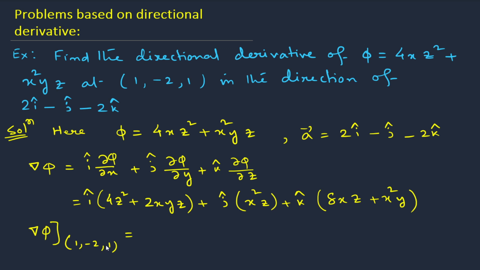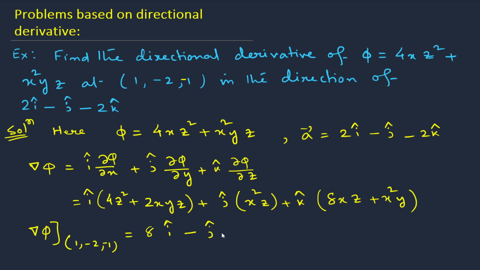After putting these values, the first term becomes 4 plus 4, that is 8 i cap. Next, with x as 1 and z as minus 1, it becomes minus j cap.